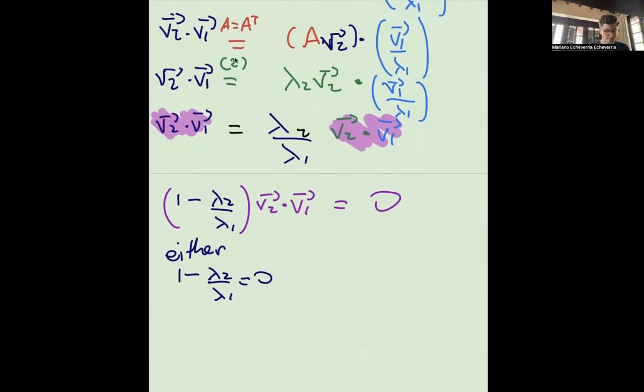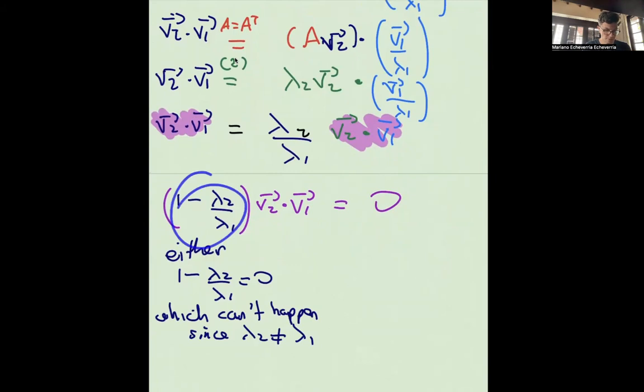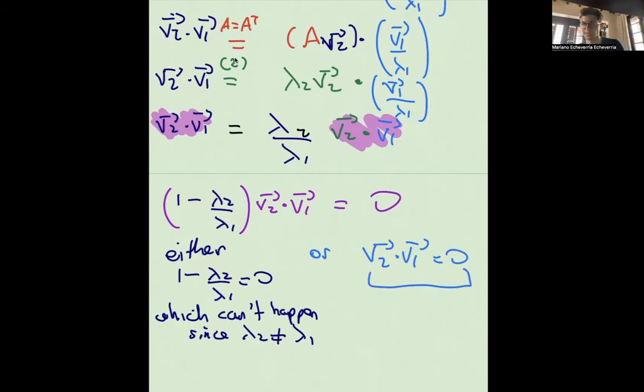They are different eigenvalues. Since this factor is never 0, that forces v2 dot v1 to be 0. This is the only possibility.